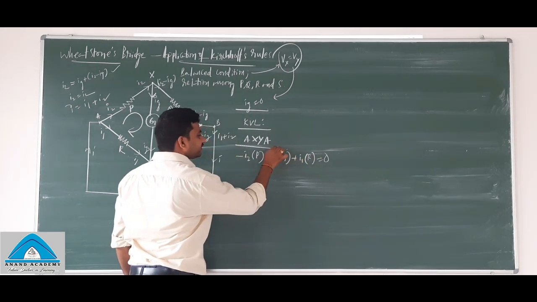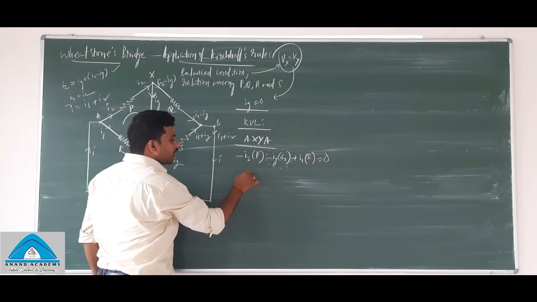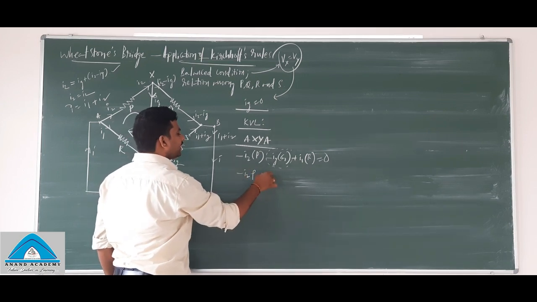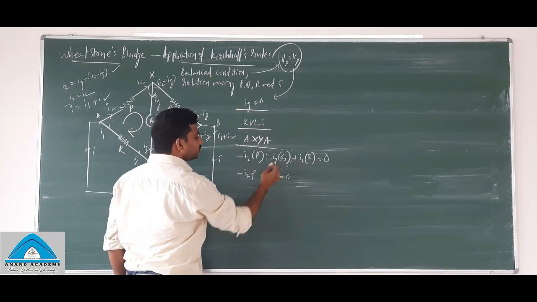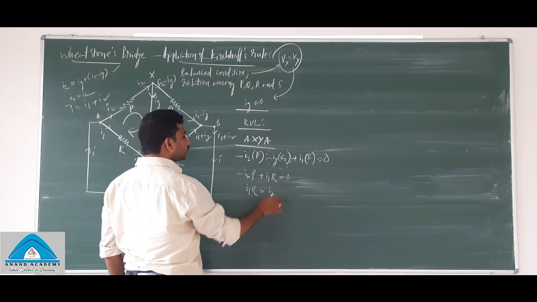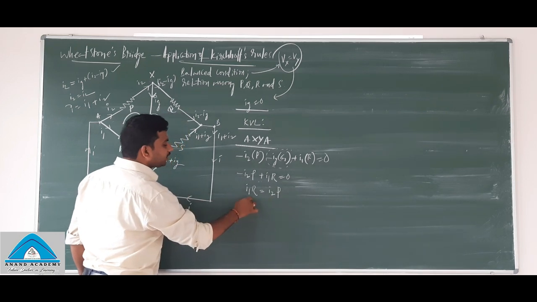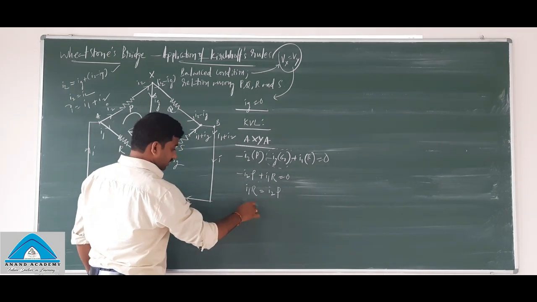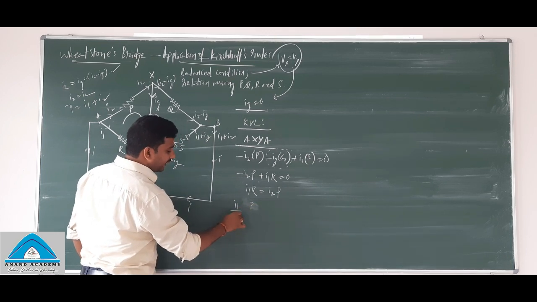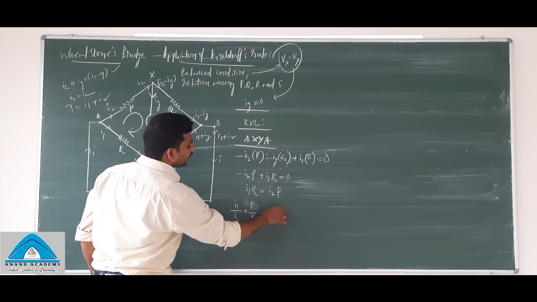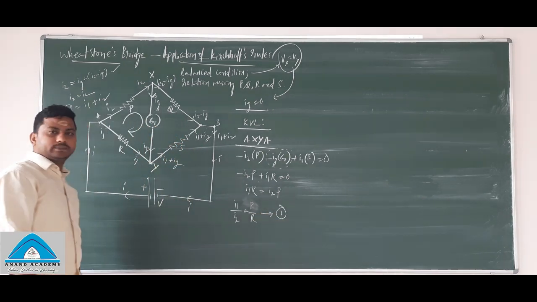So minus I2P plus I1R is equal to 0. So I1R is equal to I2P. From here, I1 by I2 is equal to P by R. Let's take this as equation 1.